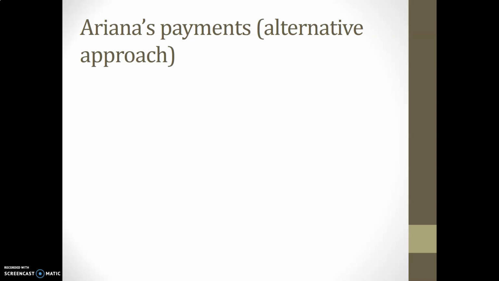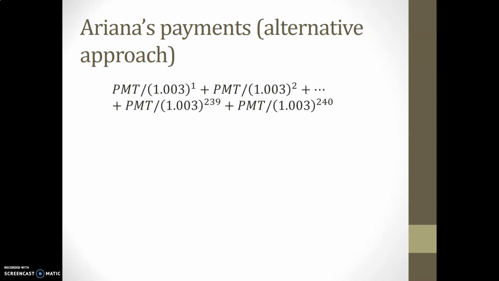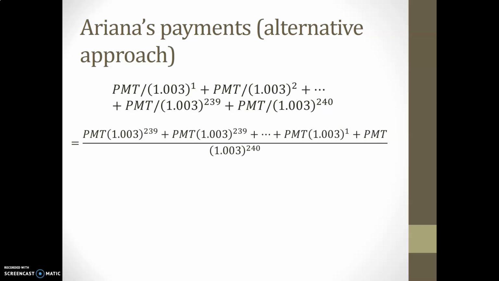Slightly different approach, so there's no need for you to use this other approach, but some of you may have thought of doing it this way instead. So we've already built the list of the values of Ariana's future payments, recalculated in date of January 1st, 2021. Some of you may have thought to just rewrite all of these on a common denominator.